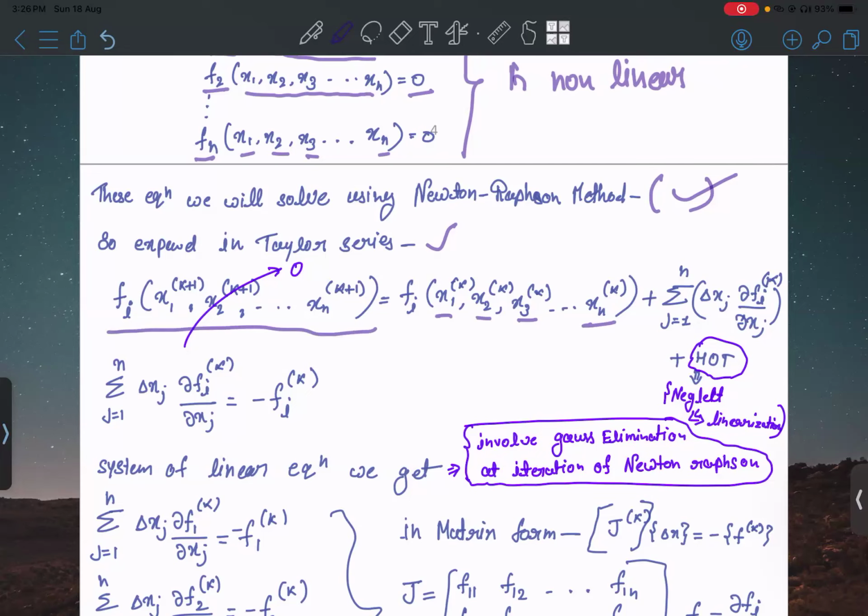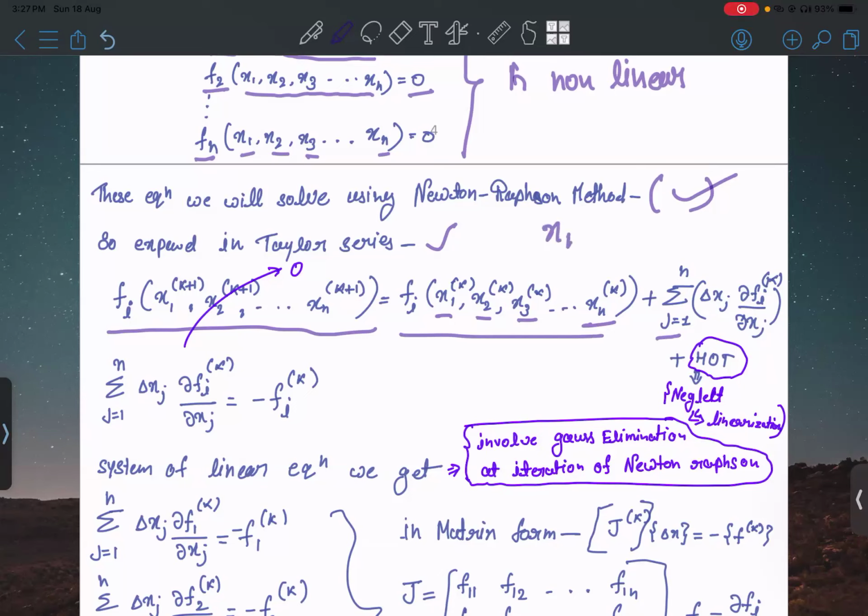This is my assumption. Now I will simply express the function at the (k+1)th iteration as a Taylor series expansion, means f(x) plus the summation of j equal to 1 to n of delta xj times the partial derivative.